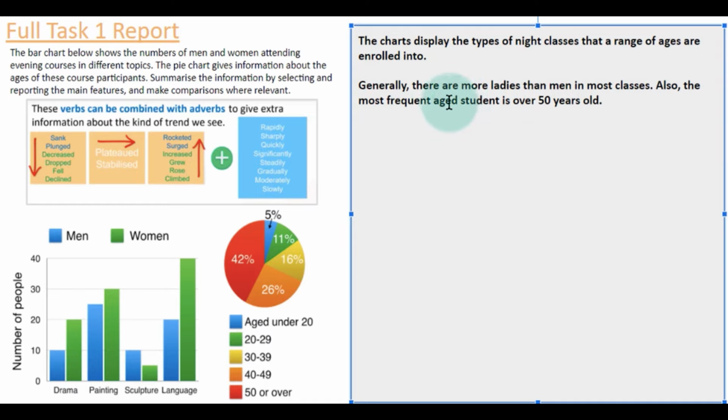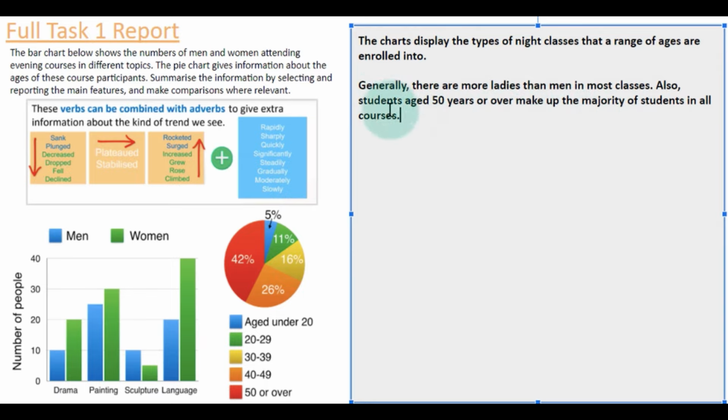Also, the most frequent aged student. Also, the students aged, I think we need to rewrite, 50 years or over make up the majority of students in all courses. That's much better. Editing when writing. Also, students aged 50 years or over make up the majority of students in all courses.